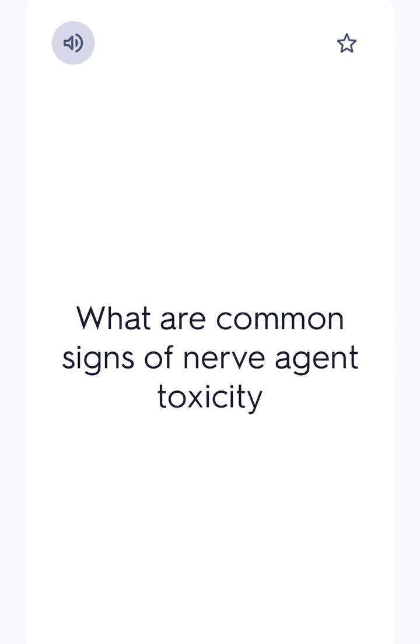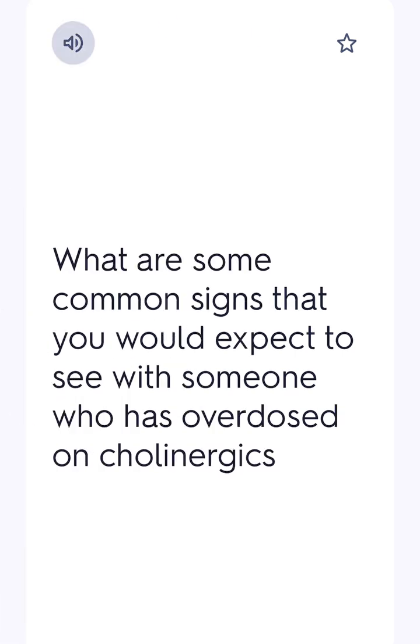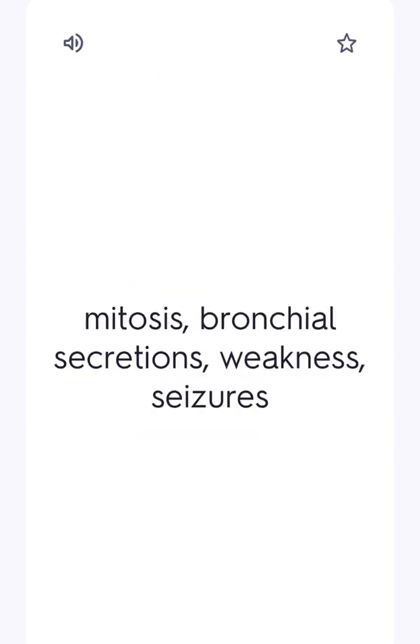What are common signs of nerve agent toxicity? Salivation, lacrimation, urination, defecation, GI symptoms, emesis. What are some common signs that you would expect to see with someone who has overdosed on cholinergics? Miosis, bronchial secretions, weakness, seizures.